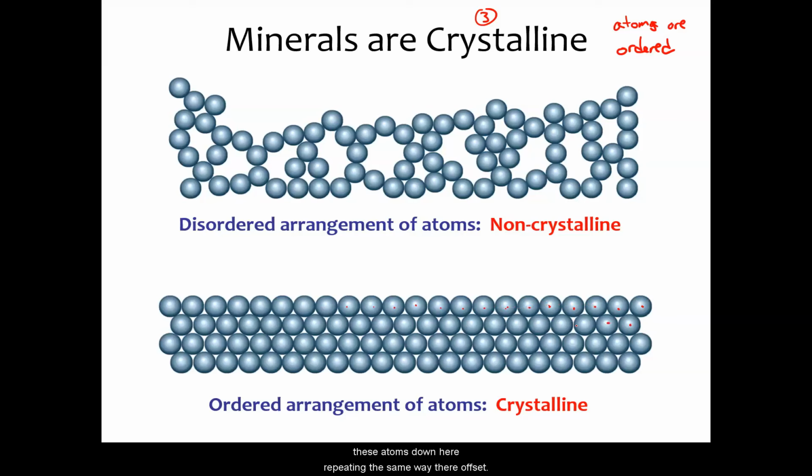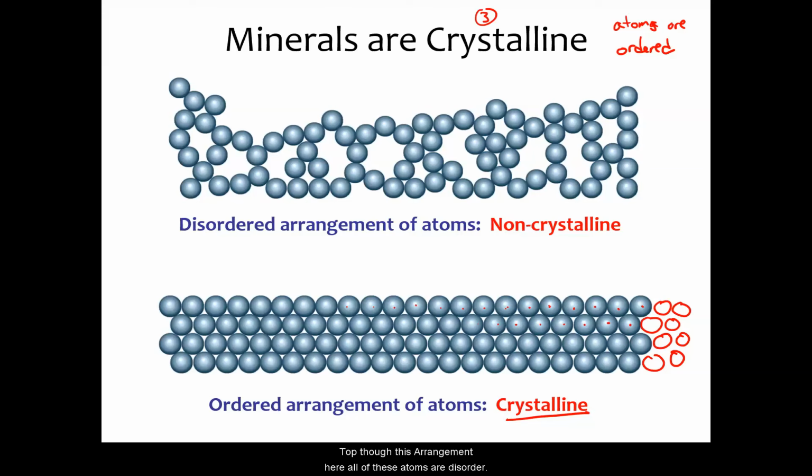And then these atoms down here are repeating the same way, they're offset. But you can just look at this and tell that there's a repeated pattern, and you can say exactly where the next atoms are going to be if you were to extend this pattern out some more. Because we look at this and we say, I can definitely see an order to this. This means that the atoms are ordered. This means that it is crystalline. As long as we meet all the other definition pieces of a mineral, this could be a mineral.